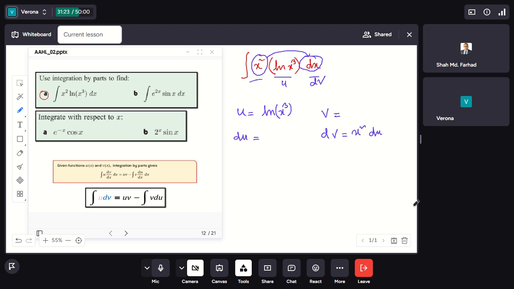What is the result of du? Now here you have to use the chain rule. Yeah, derivative. So that is 1 over x cube. Then you have to again differentiate x cube, right? That will be 3x square and then dx.